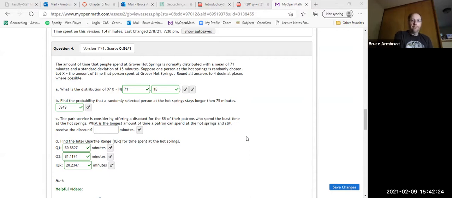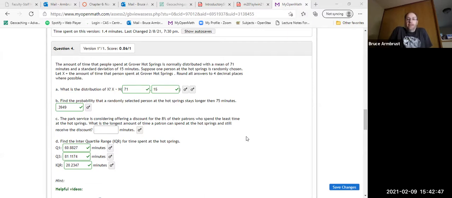So this is Carson's specific question, but yours might be similar or not, but let's look so we can address his question for C. So we got the amount of time that people spend at Grover Hot Springs is normally distributed with a mean of 71 minutes and a standard deviation of 15 minutes. So again, remember mean is average, right? It's a dead center.